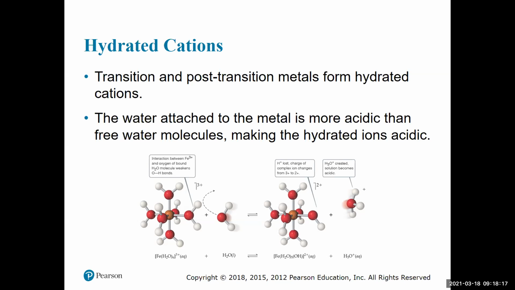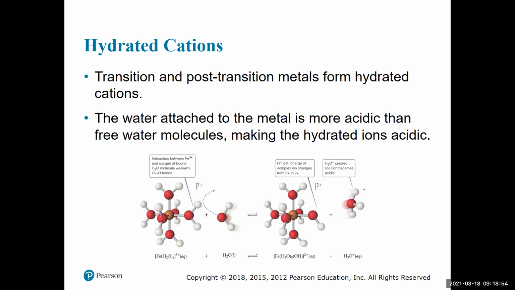Down here on the bottom of the slide, you see a picture of that. What happens is the cation, in this case iron Fe+3, and the oxygen of the water have an association together. On the picture, the red balls are oxygen, the white balls are hydrogen, and the orangish ball in the middle is meant to be iron.